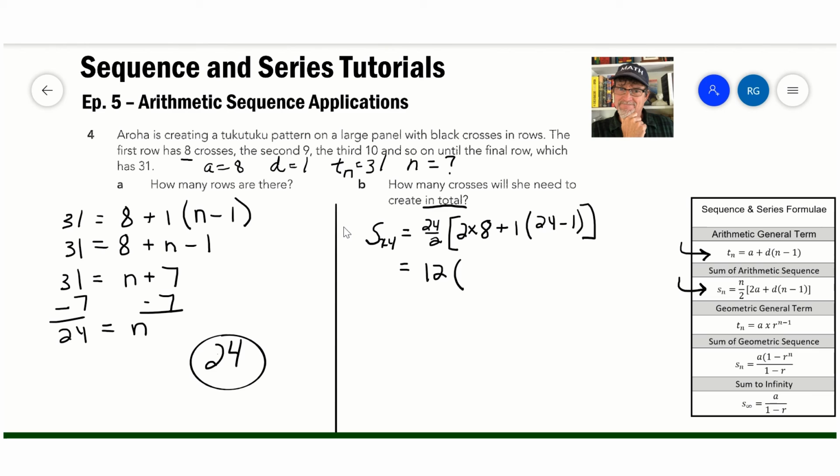And in here, we've got 2 times 8, that's 16. And 24 minus 1, that's 23. So we've got 12 times 39. So this is going to give us our total number of crosses, which is 12 times 39, 468.